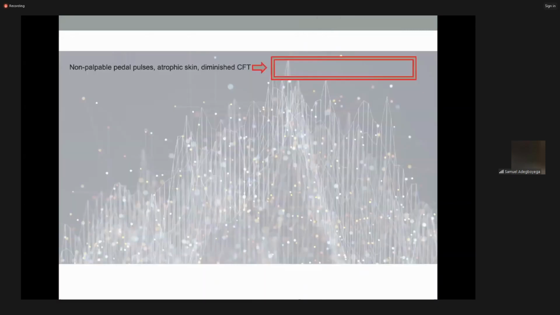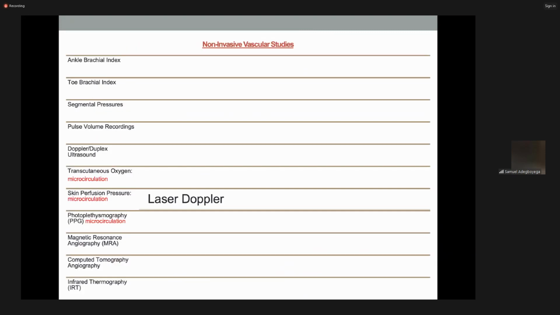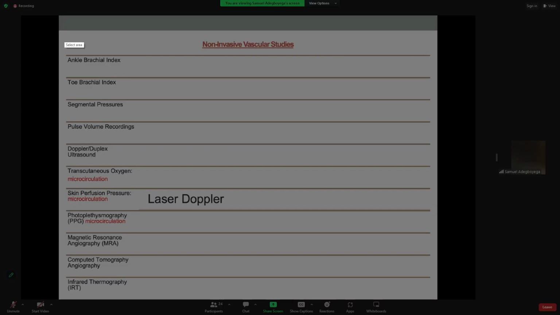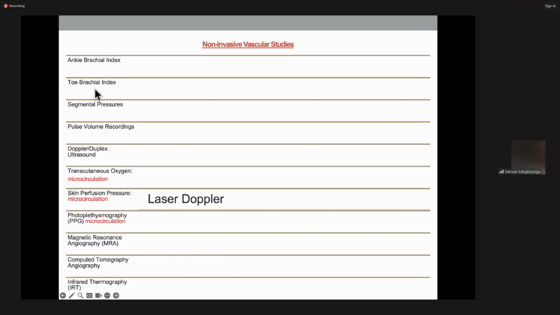Varicose vein. Okay. What I want to go over real quick about this one is your microvascular circulation, which includes your toe pressure, your TBI, your TCOM, and your SPP, the skin perfusion pressure, which they use laser Doppler for. Another one that I didn't bring up that much in my review is what you see on your iPhone and your smartwatches.